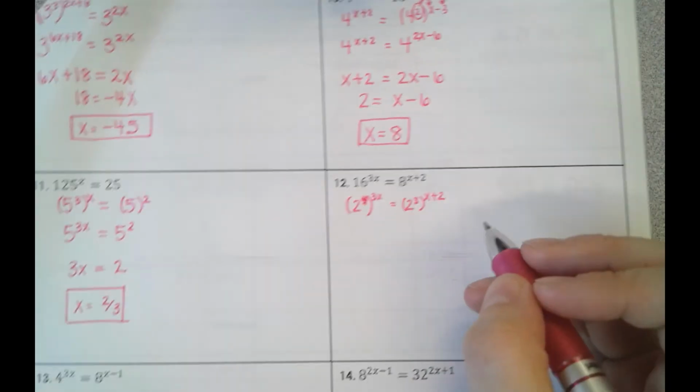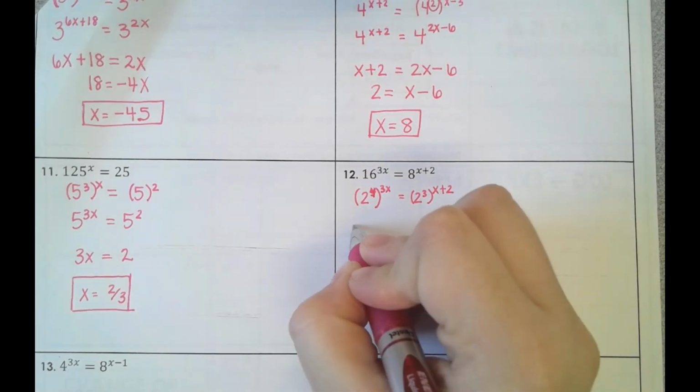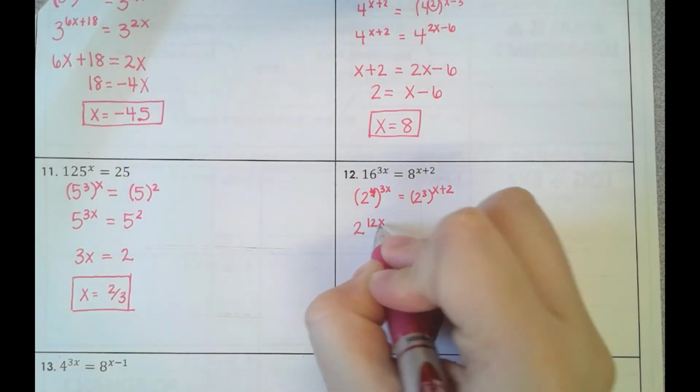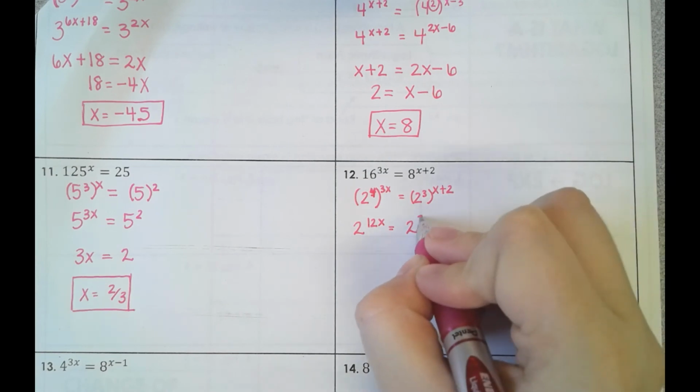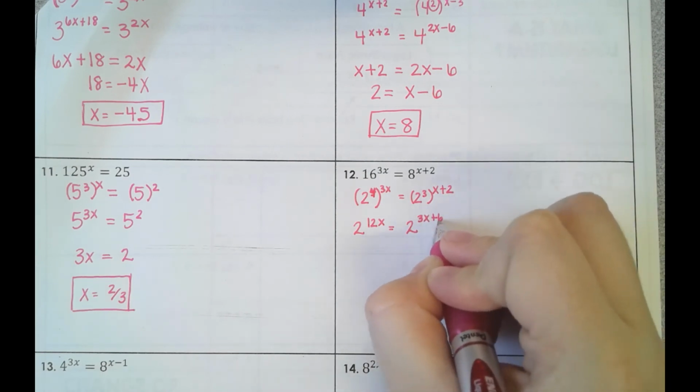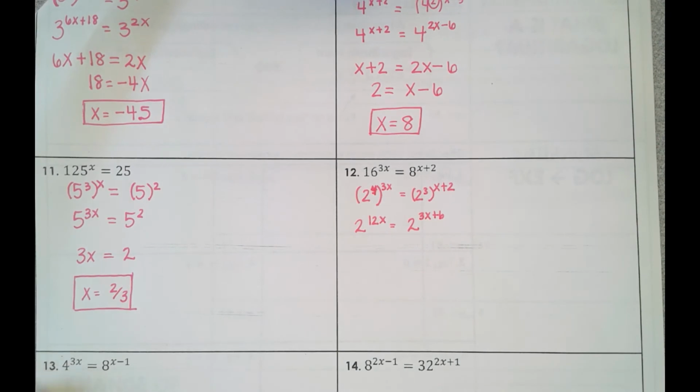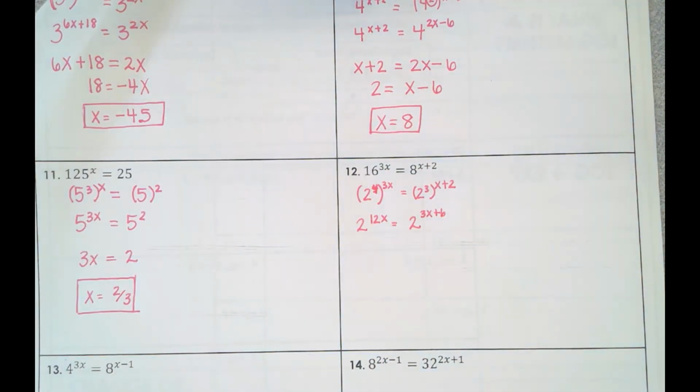It's possible. So this would be 2 to the 12x equals 2 to the 3x plus 6. So remember, we multiply.